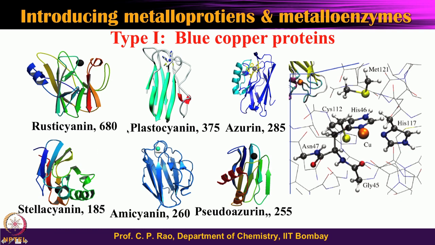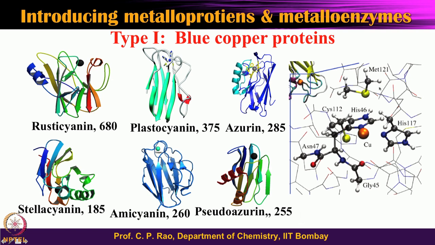The numbers that you see here, 680, 375, 285, etc., are the redox potentials of the copper present in these enzymes. Rusticyanin has 680 millivolts, plastocyanin has 375 millivolts, azurin has 285 millivolts, stellacyanin has 185 millivolts, amicyanin has 260 millivolts, and pseudoazurin has 255 millivolts.